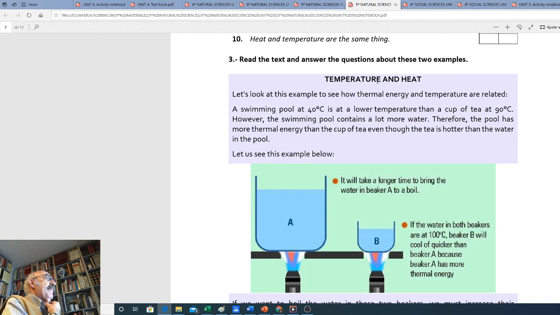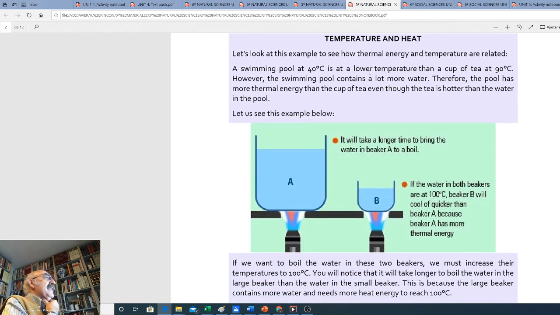So, temperature and heat. Let's look at this example to see how thermal energy and temperature are related. A swimming pool at 40 Celsius degrees is at a lower temperature than a cup of tea at 90 Celsius degrees. However, the swimming pool contains a lot more water.